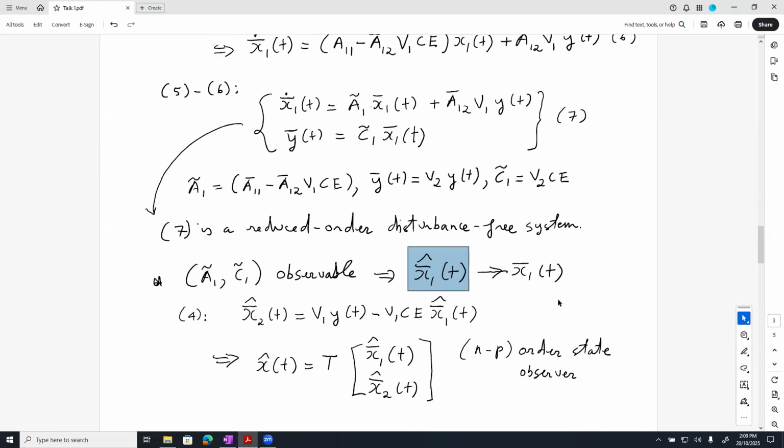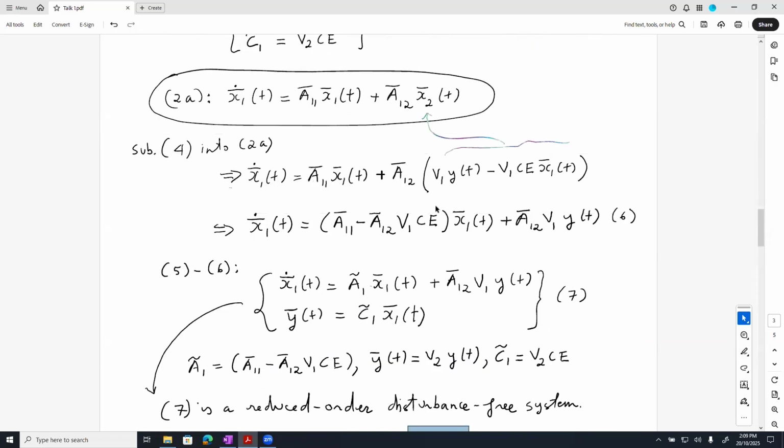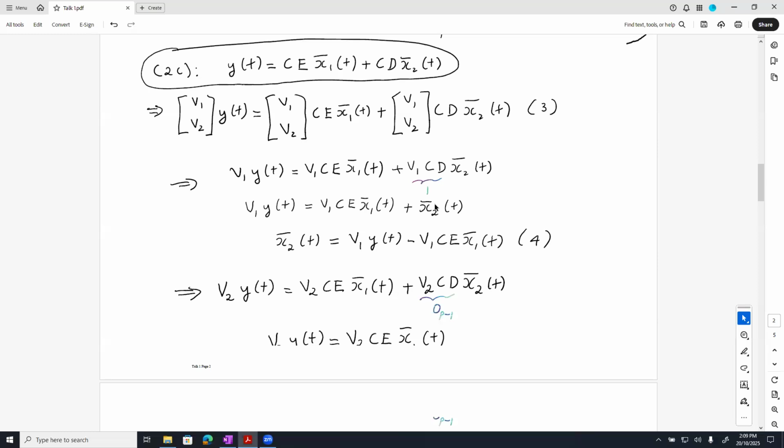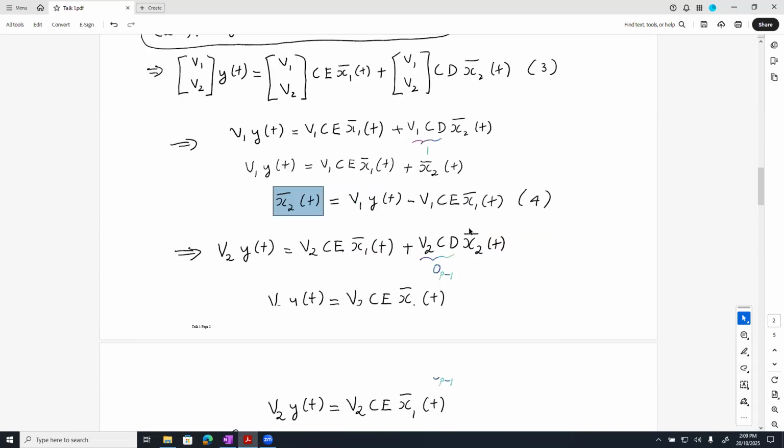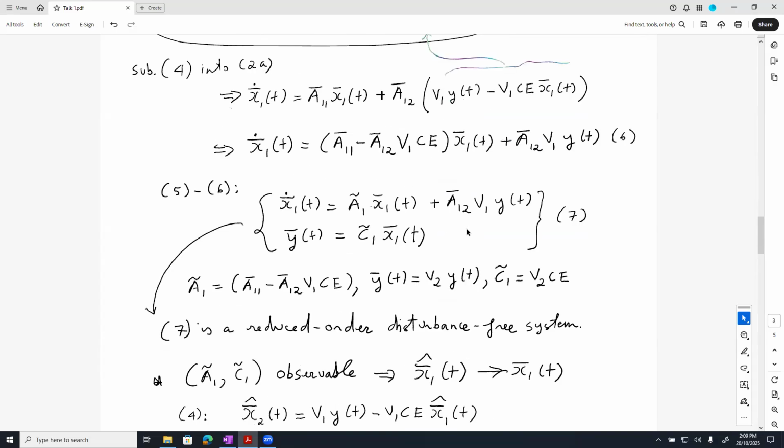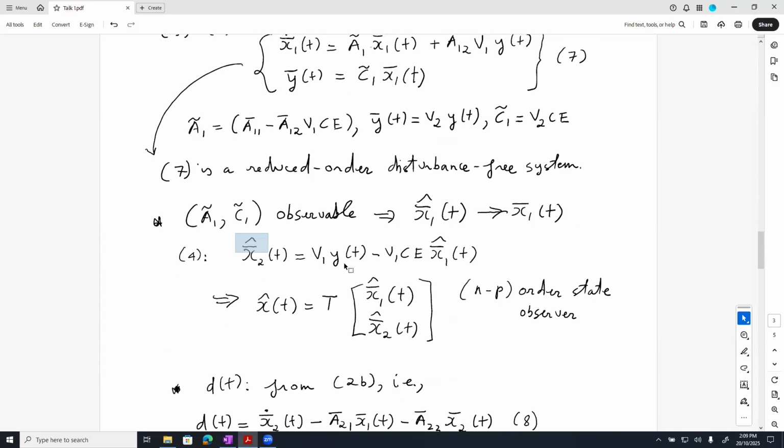All right, now if we can estimate x1 bar, then from this equation in here, we can also estimate x2 bar, and that is given by this expression. Okay, so that means that the entire stack vector x bar of t can be estimated.